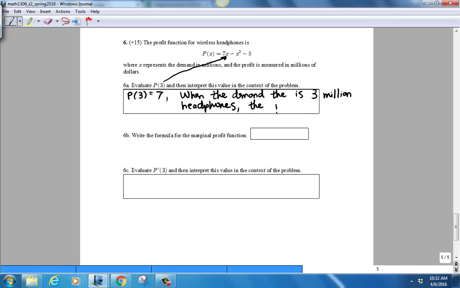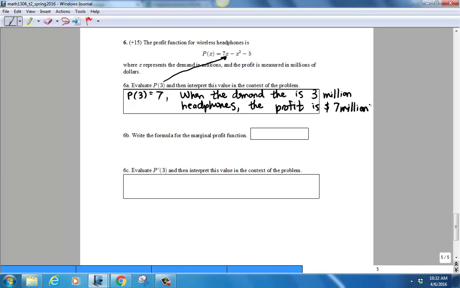So no rate of change there, right? Just plain old, straightforward. When the demand is 3 million, the profit is 7 million. Actually, y'all did way better on this one than on the first page, the profit question.